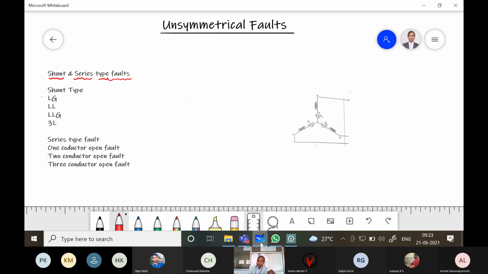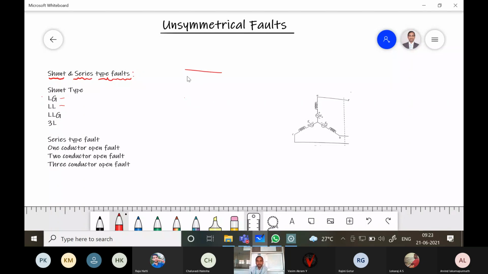So in this chapter, we need to study shunt and series types of fault. What is a shunt fault and what is a series fault? Shunt type faults are single line to ground fault, that is LG, and line to line fault.